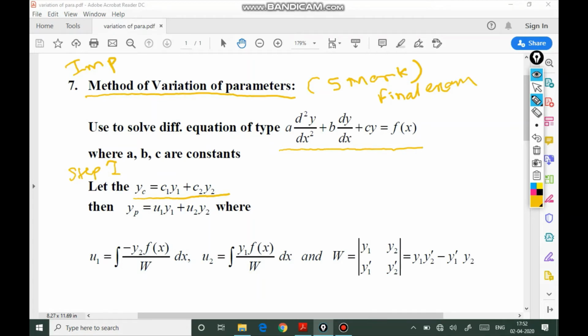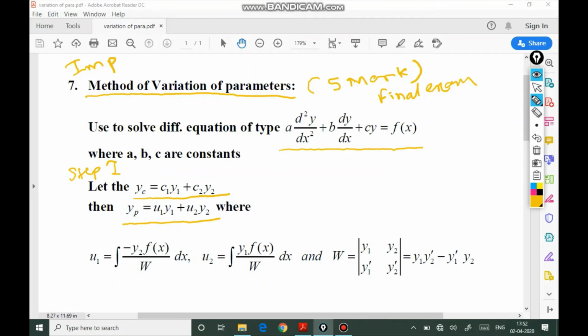Once we complete step 1, assume yp = u1y1 + u2y2, where u1 and u2 are unknown functions that we have to find.